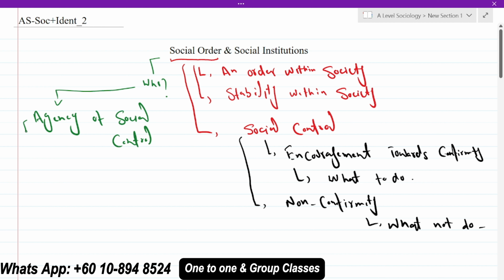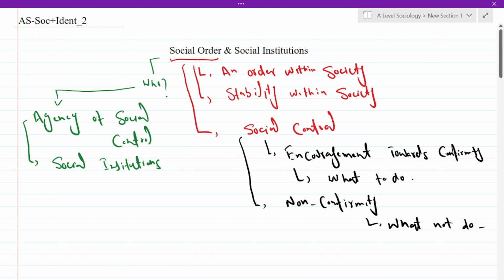You can say the agency of social control, or you might use the word social institutions. There are different social institutions that will bring order into the society.